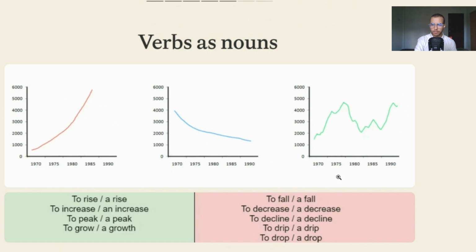Look at this graph here. How would you describe this using nouns? Pause the video and try for an example. Okay, I would have said between the year of 1970 and 1975, there was a consistent increase.